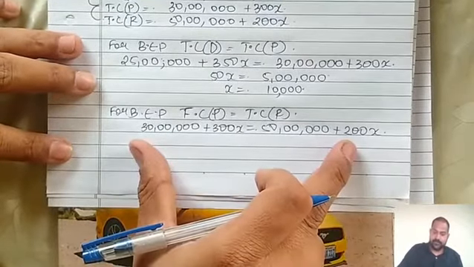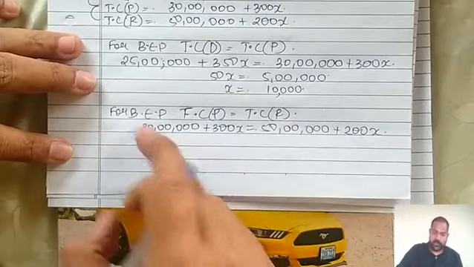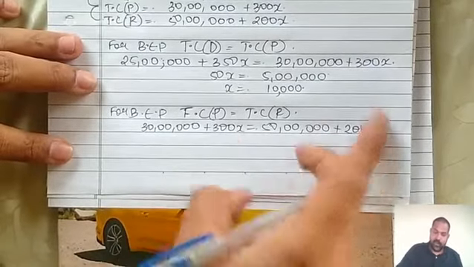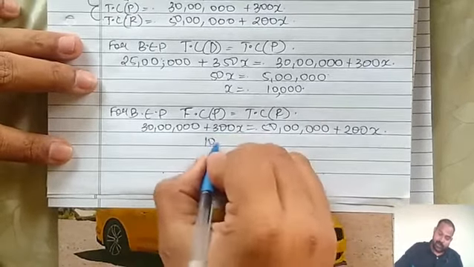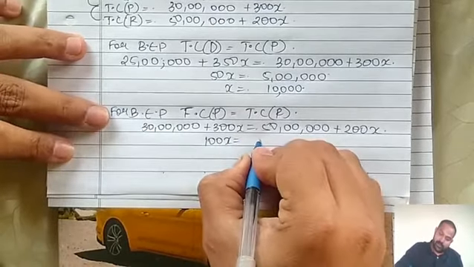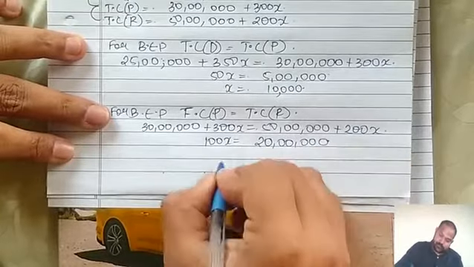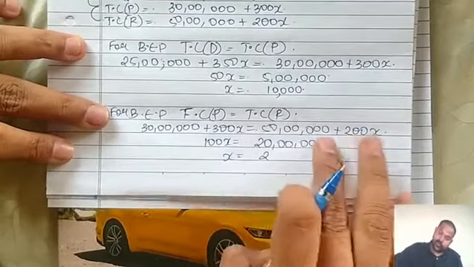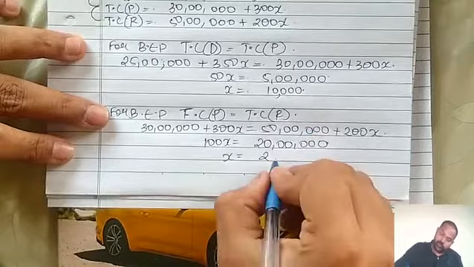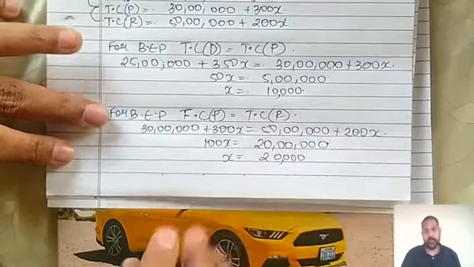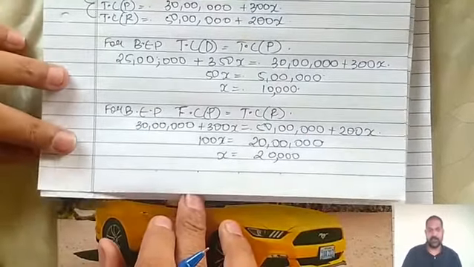Let's start the shift. So 30 lakh goes there, becomes 20 lakh. This comes here and becomes 100. So 100x is 20 lakh. So x is, 2 zeros go away, so it is 2 and 4 zeros. So 20,000.